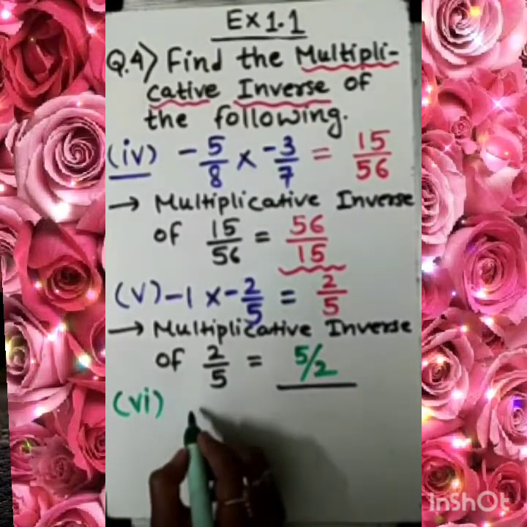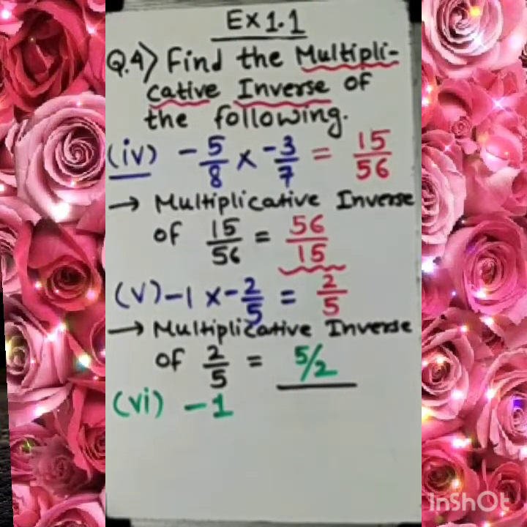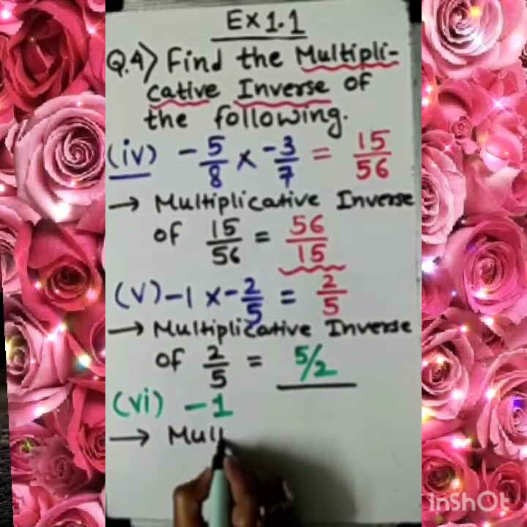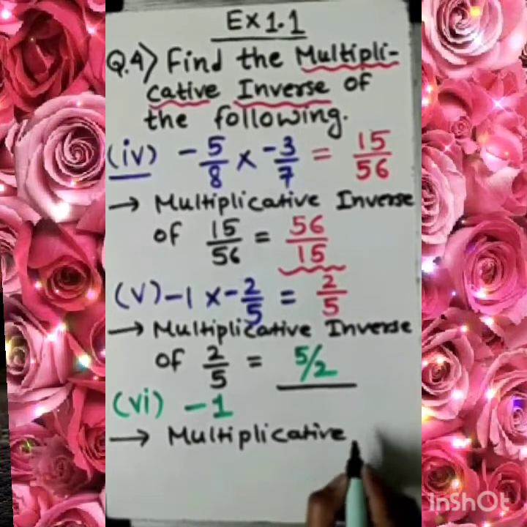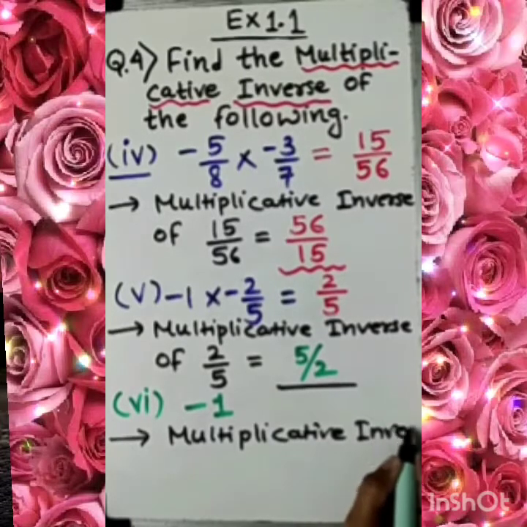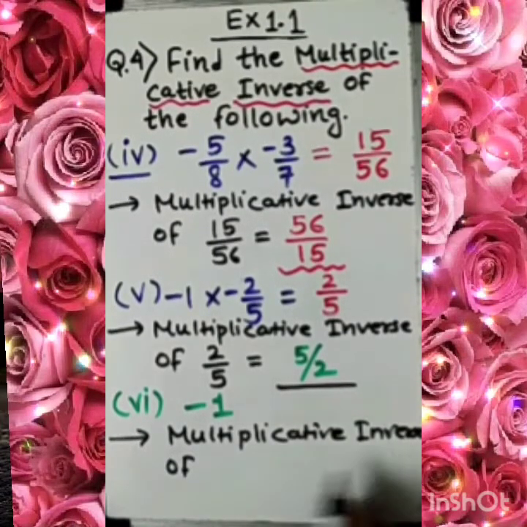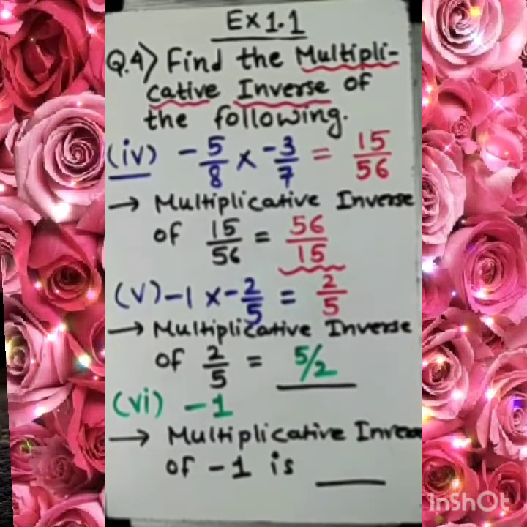Now one more here, the 6th is minus 1, which is easy. Can I write minus 1 as minus 1 by 1? I don't think the value will change. Some students in a hurry write the wrong thing, so please remember that the multiplicative inverse of minus 1 is always minus 1.